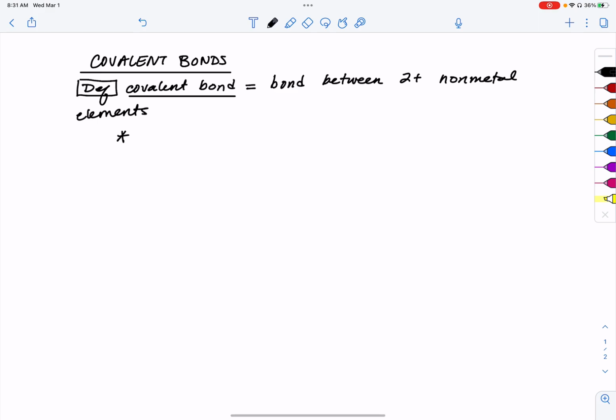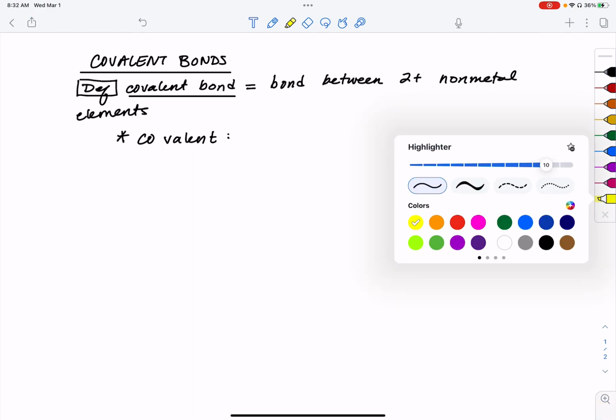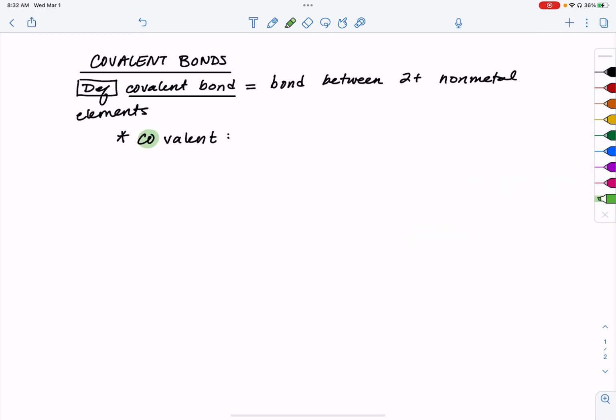And as you might be able to glean from the word covalent, it involves how these atoms associate using their valence electrons.